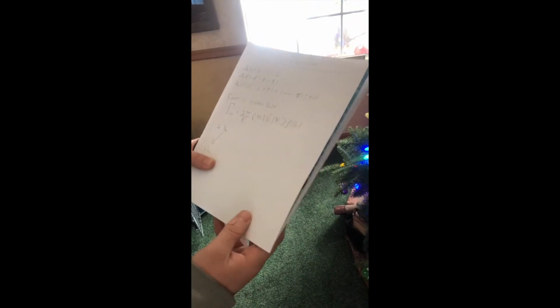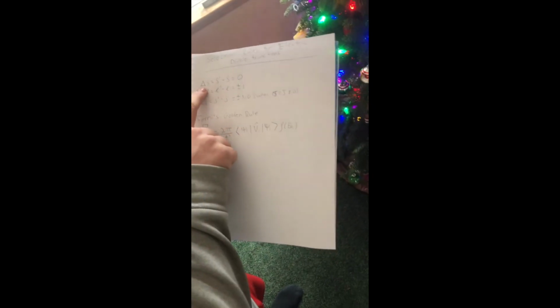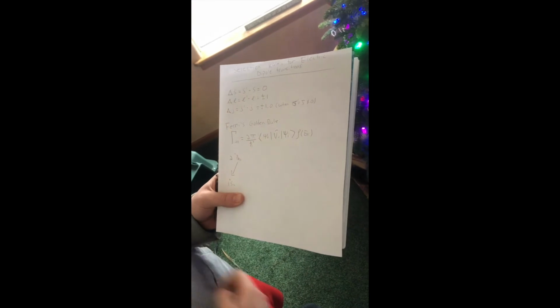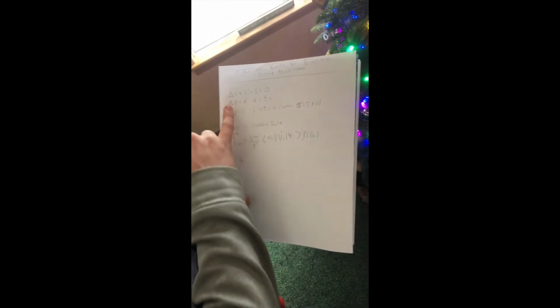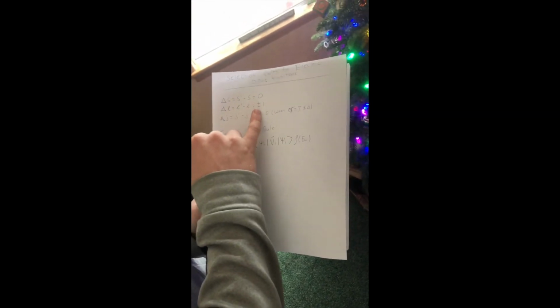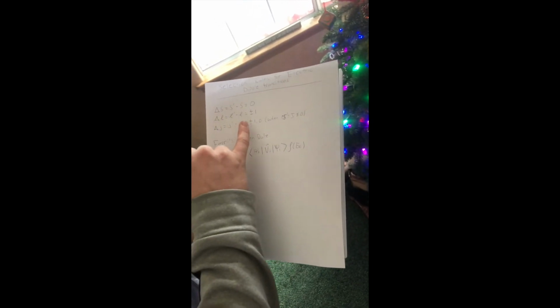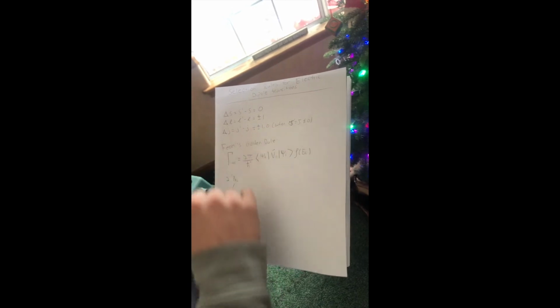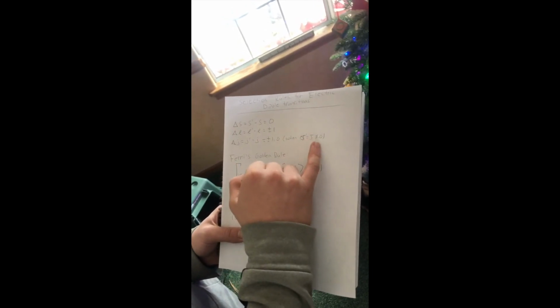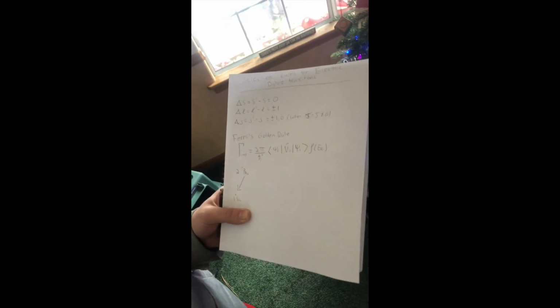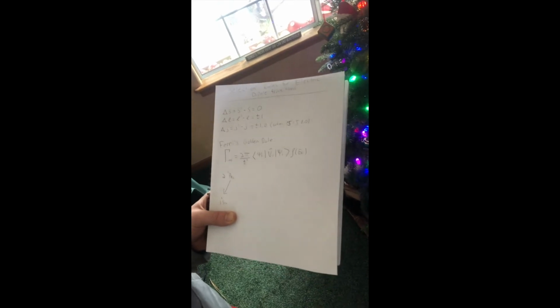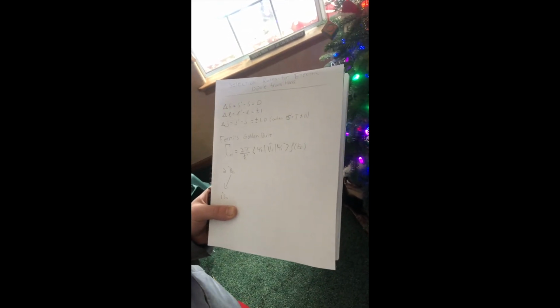These selection rules state that your delta S, your spin, must be 0 from your initial to your final state. Your L value actually must change. It must either go up or down by 1. And lastly, your J value can either go up or down by 1 or stay the same, but it can only stay the same if they're initially not 0.